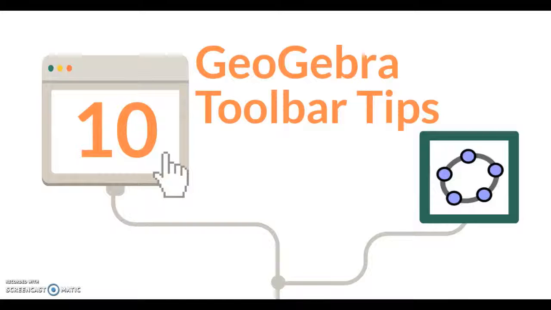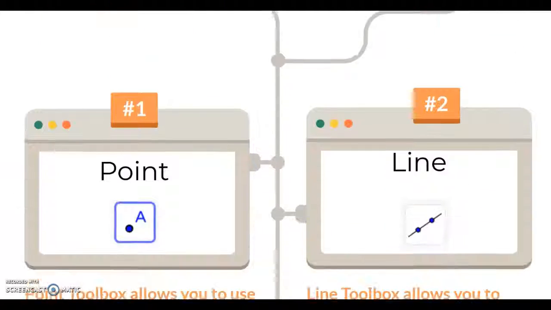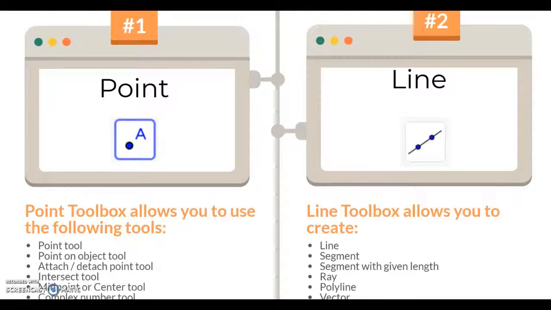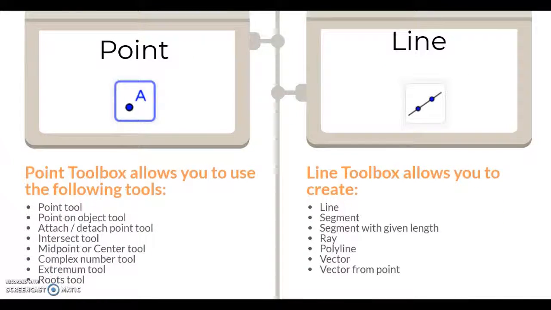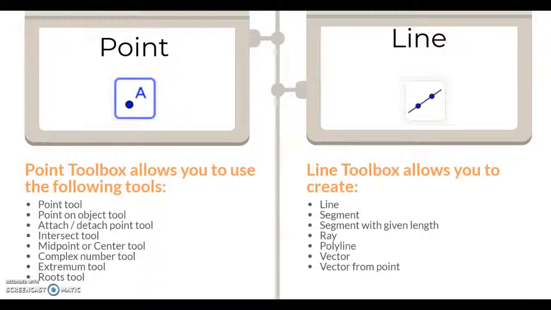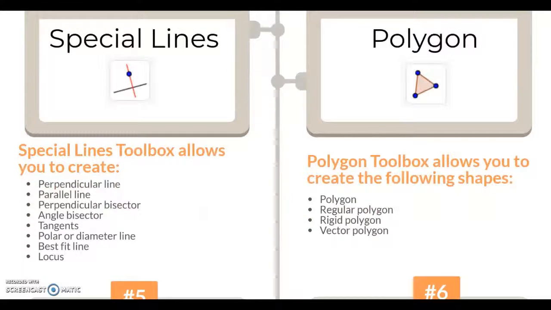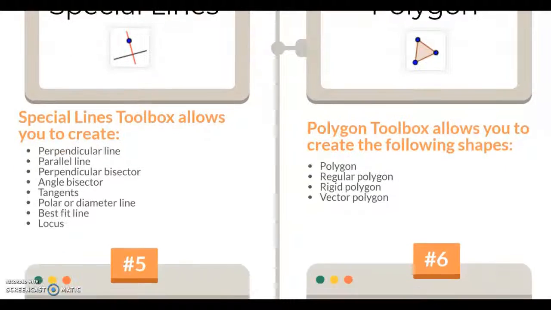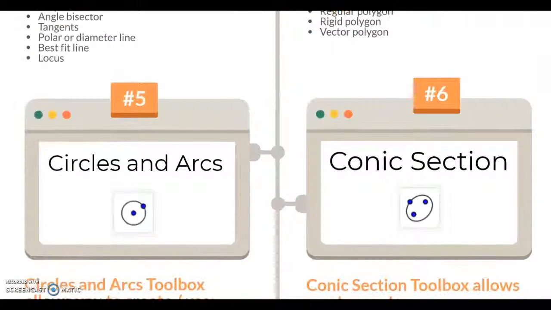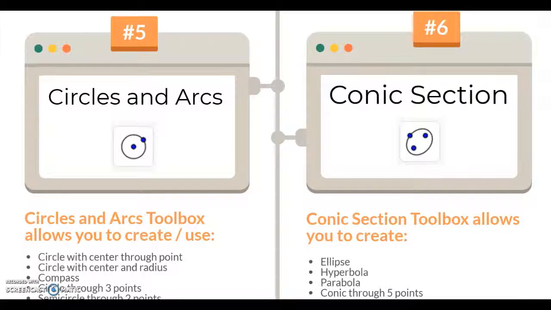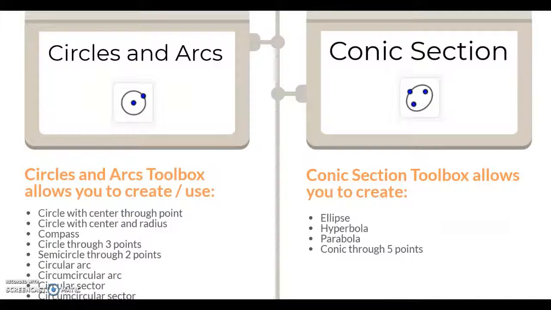GeoGebra's toolbar is filled with different toolboxes that all serve many different purposes. You can create geometric objects. You can create objects in relation to other objects. For example, drawing a line that is perpendicular or parallel to something else. You can create angles or segments with given measures, or you can measure already existing angles and segments.